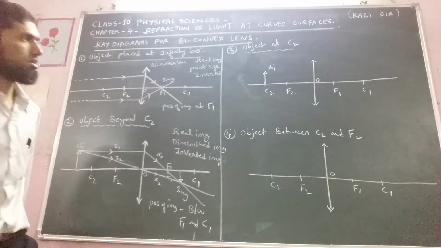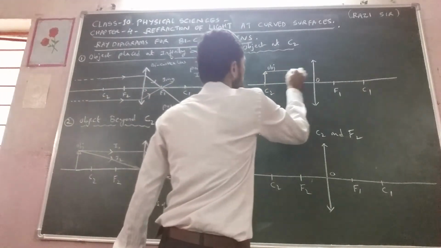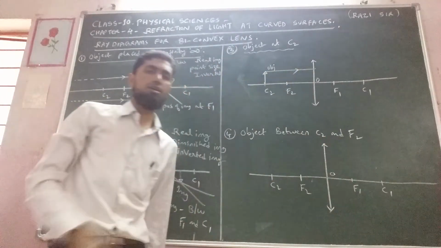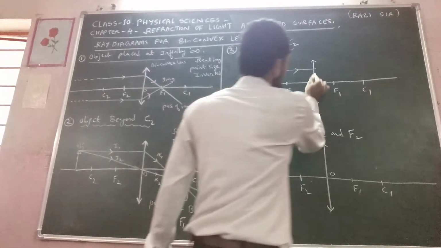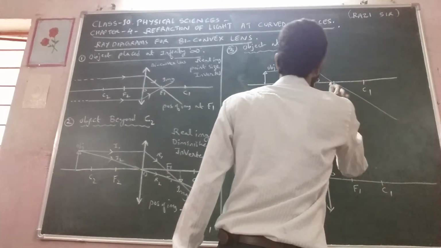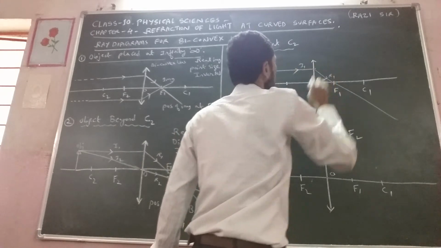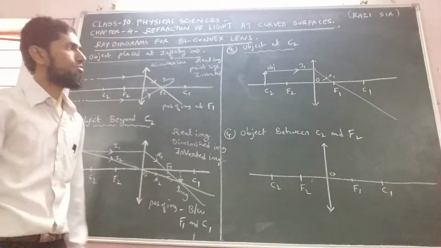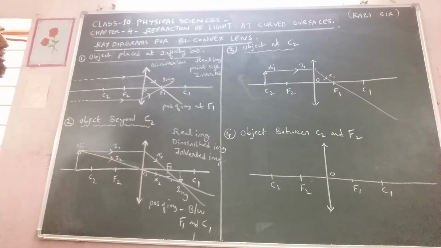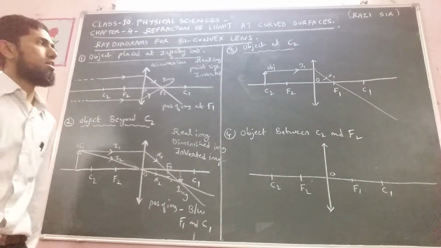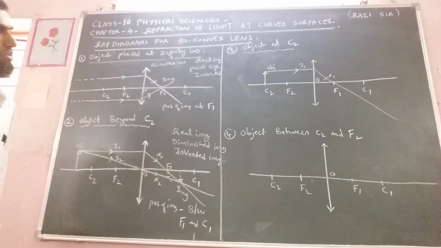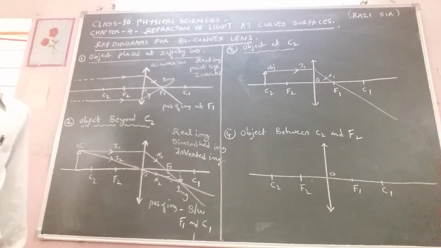Where do we get the image? According to the first rule, a ray parallel to the principal axis will pass through the focus. And according to the second rule, a ray which is passing through the focus will come out parallel.